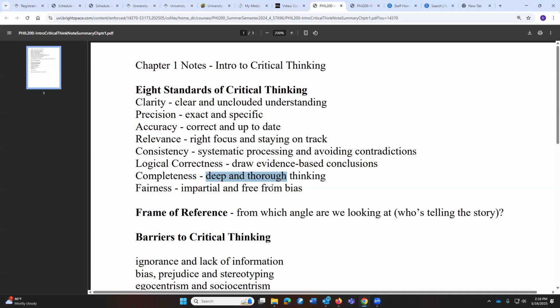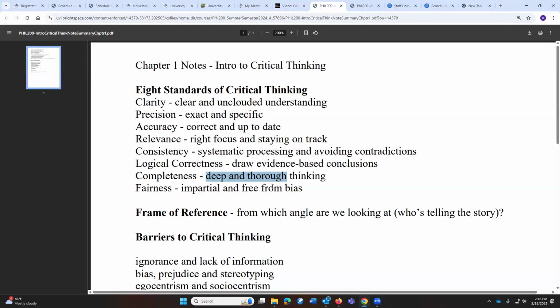So how complete am I in my thinking? Am I leaving out things? Okay, you know the phrase, leave no stone unturned, right? A lot of times we take shortcuts, all right? We're always looking for the fastest way to get there. We're always looking for the closest spot to the entrance, right?